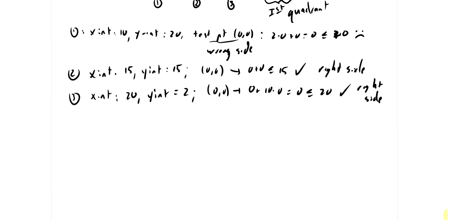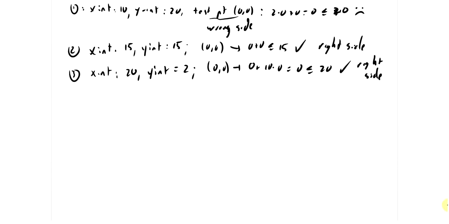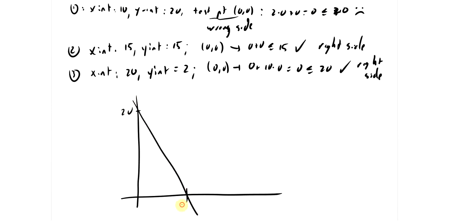Great. So what do my inequalities look like? Well, we're only interested in the first quadrant because that's x greater than or equal to 0, y greater than or equal to 0. X-intercept of 10, y-intercept of 20. So we'll put the y-intercept of 20 up here. That makes the x-intercept 10 there.